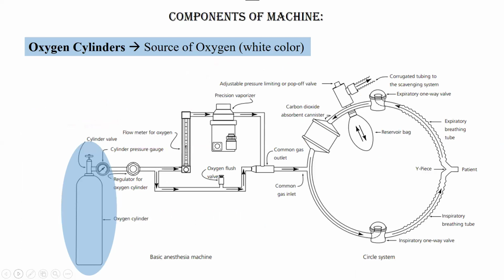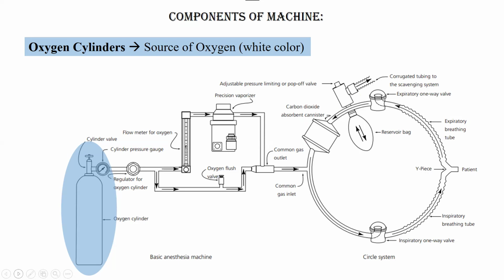So starting with the components, the first component is the oxygen cylinder, which is the source of oxygen. Normally, oxygen cylinders are whitish in color, but you should be aware that in different countries the color might vary.